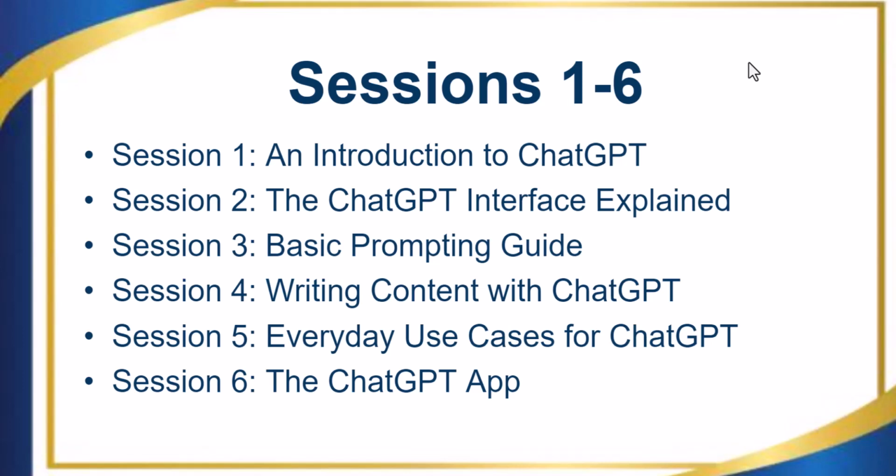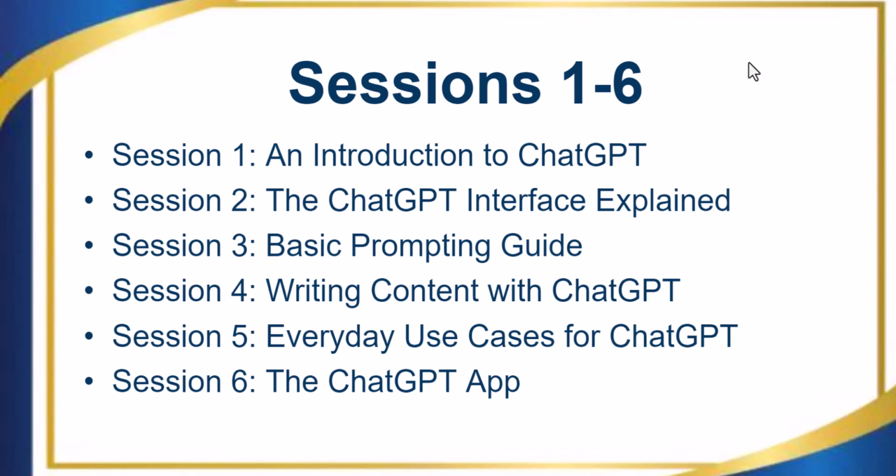Session 6, the ChatGPT app, something that I think is often overlooked. You can install the ChatGPT app for your smartphone on iOS and Android. And the ChatGPT app offers some benefits and useful features that you can't use so much with the desktop version, because with the app, you always have ChatGPT with you.